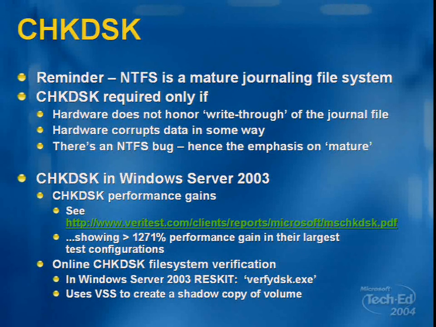You can run Verify Disk, and it's check disk, but it takes a snapshot of the disk first. If you run check disk by itself on a disk where people are writing data to it, you're going to get all sorts of false positives. You can never really tell if the data on that volume is really corrupt or not. But by creating a shadow copy first, giving you a nice clean image of the disk that isn't changing, you can then run check disk against that to determine if there's any corruption.